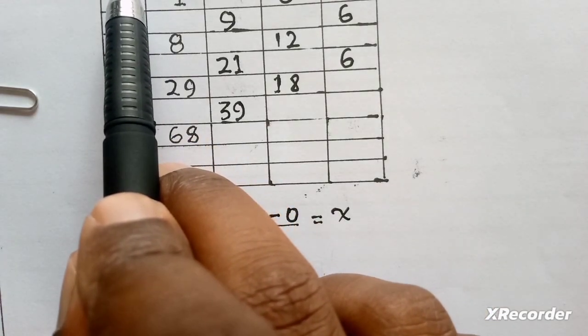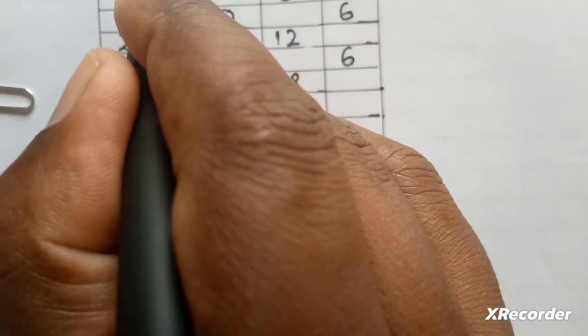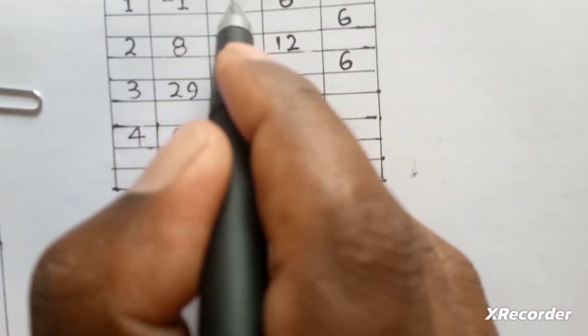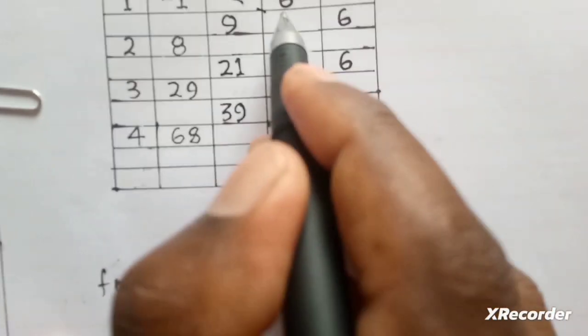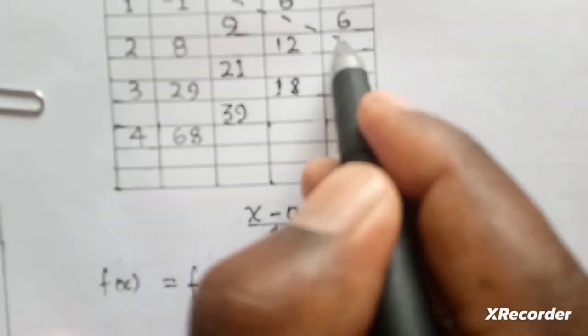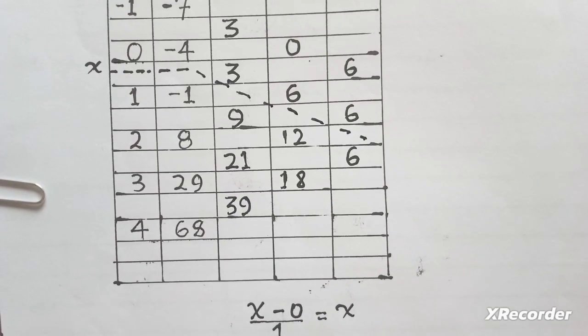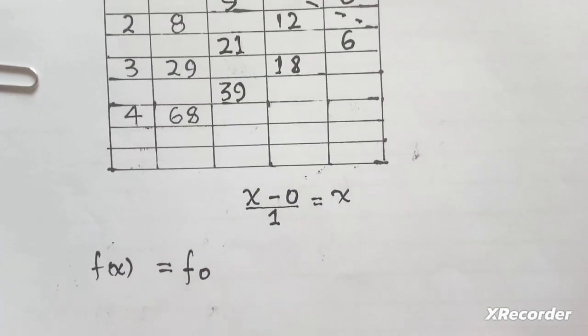We can extend this, and then we shall move like that. So guys, now we are going to use those values in our equation. And that is how we draw the diagonal. So we have F0 there.